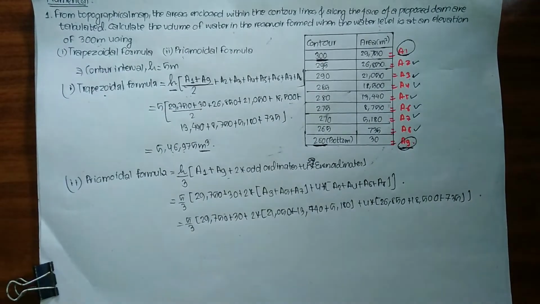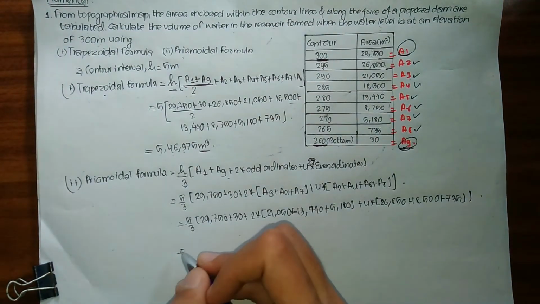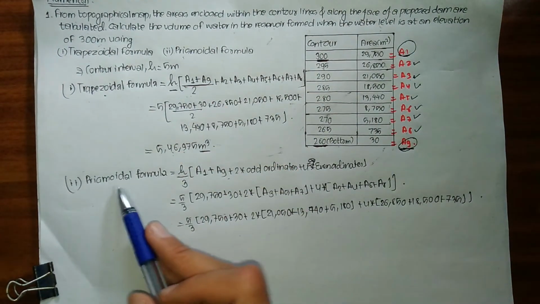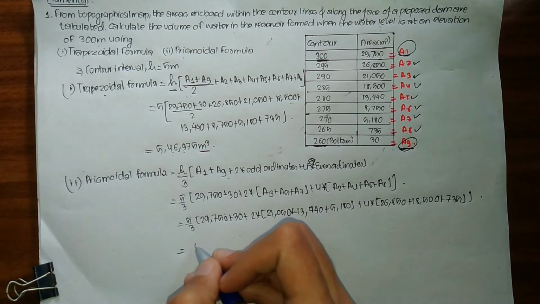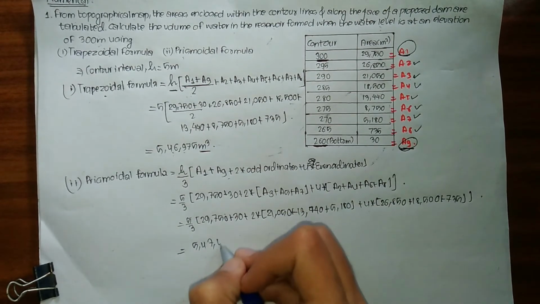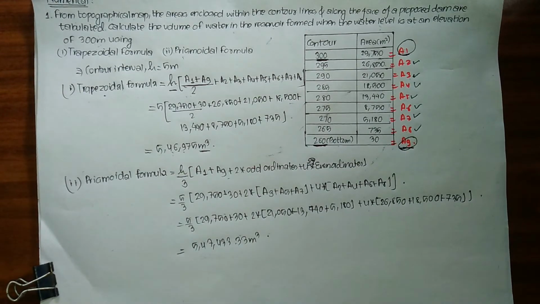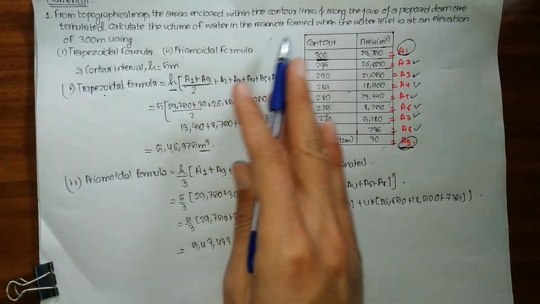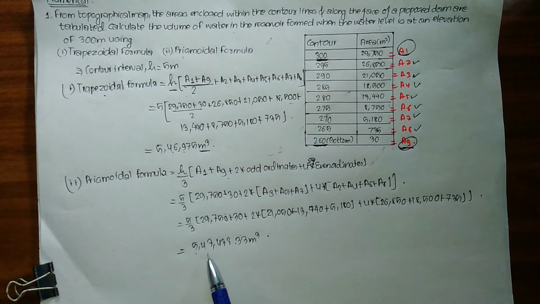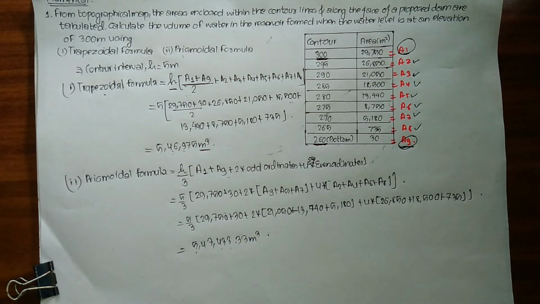So on doing this calculation, you are going to get your volume of water using the Prismoidal formula as 547433.33 meter cube. We have got a little bit different answer, so we are not going to get the exact same answer as that of the trapezoidal formula.